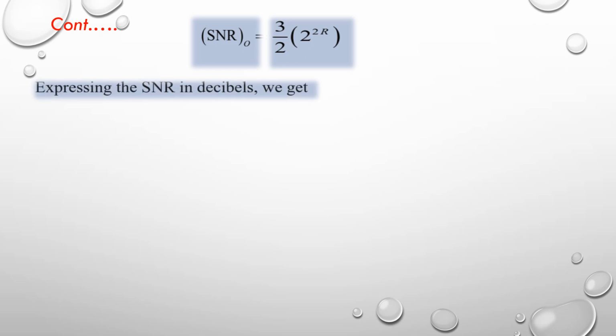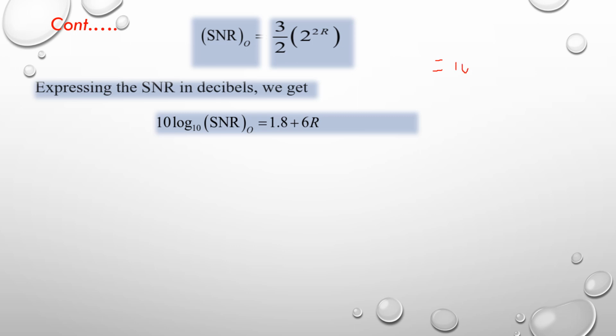Now we have to express SNR output in terms of decibel. SNR output is equal to 3 by 2 into 2 to the power 2R. Just take the logarithm on both sides. So we get 10 log of 3 by 2 into 2 to the power 2R.